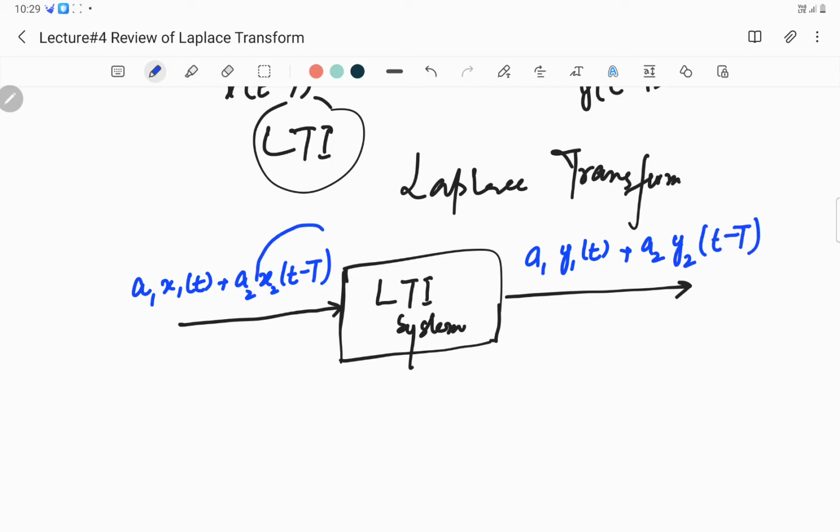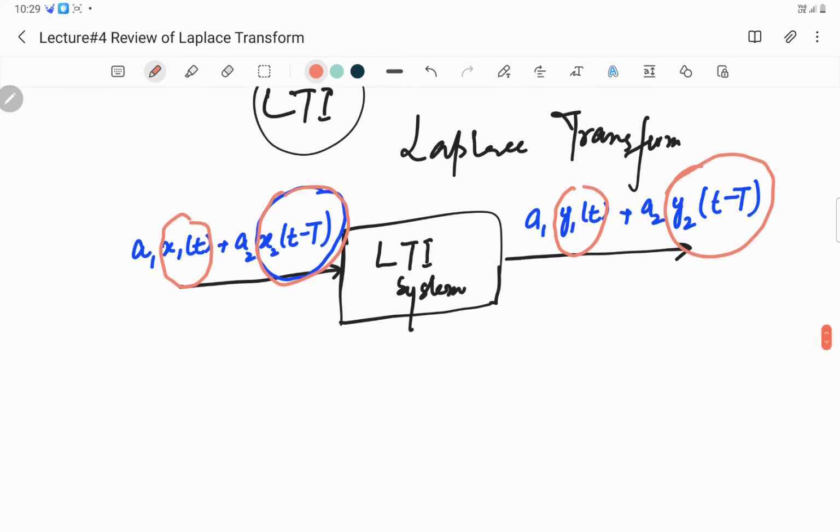So we are applying a delayed signal here. Corresponding to this delayed signal, we get a delayed response. We are applying a signal x1(t), we are getting a response y1(t). So this is what a linear time invariant system is all about.